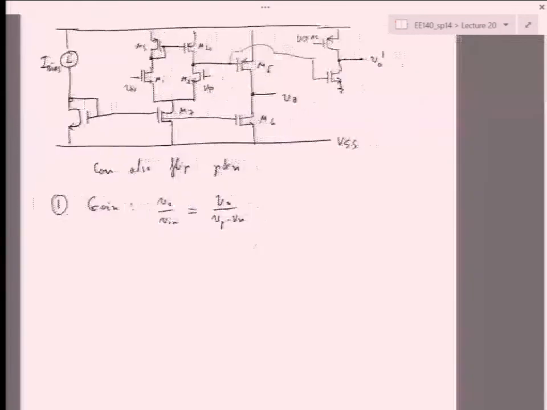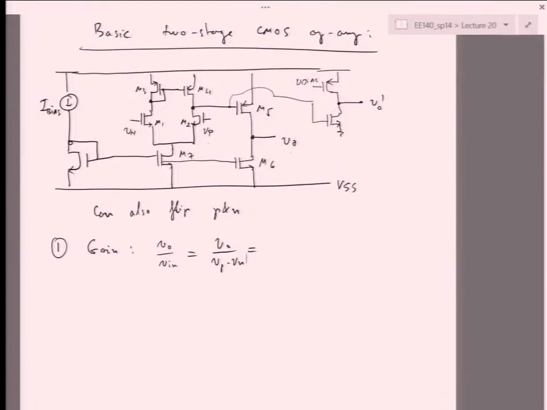Can somebody tell me what the gain is? We've looked at the M1, 2, 3, 4 topology before, and we looked also at a common source amplifier on its own. We have 2 stages, right? One stage, let's call it A1, and then we have A2.